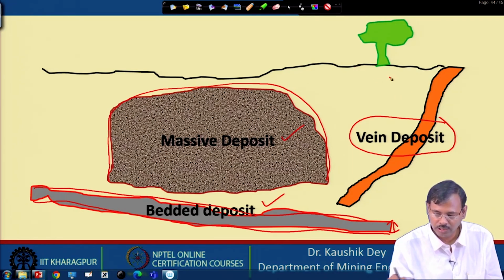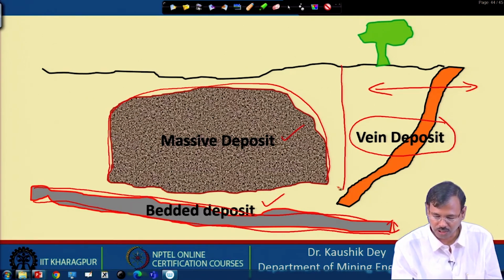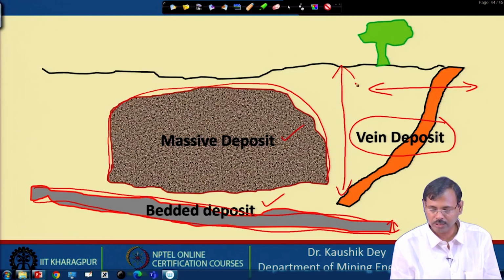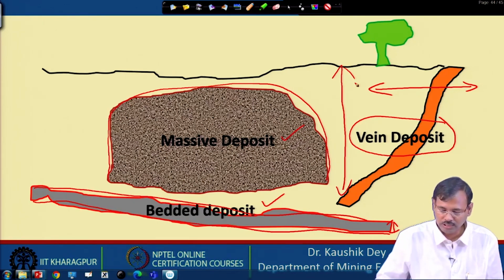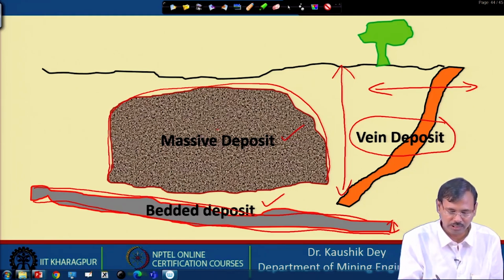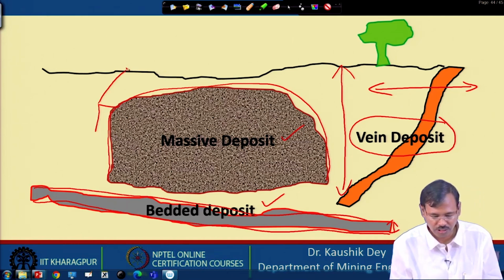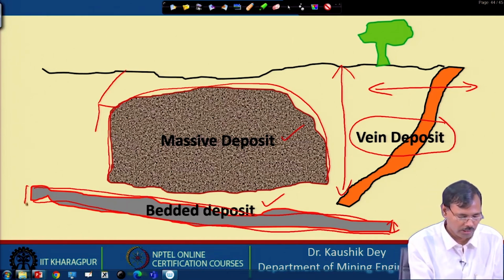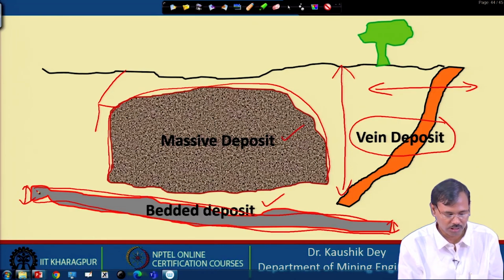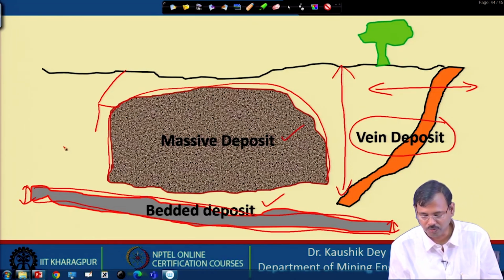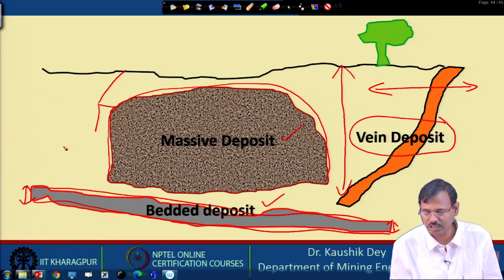So, that is why the width range is not that significant, but vertically it spreads over a significant distance. This is the basic characteristic. A massive deposit has all three dimensions very large. In a bedded deposit, the vertical dimension is not significant, but the spreading over an area is significantly larger.